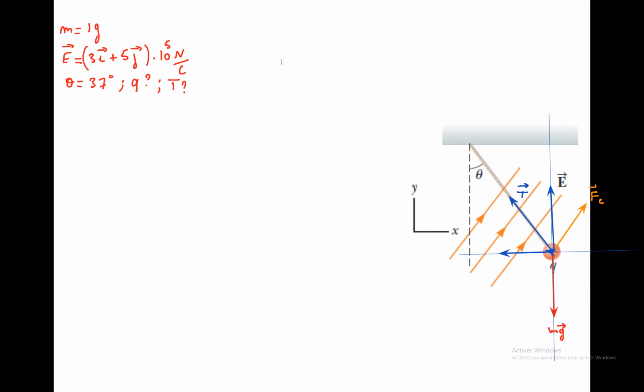For Fe, here we have Fex and here we have Fey. So we can write Fex and Fey, and here we have T, Tx and Ty.